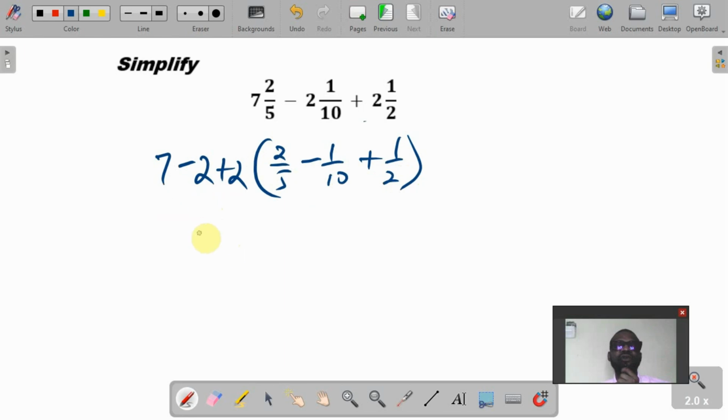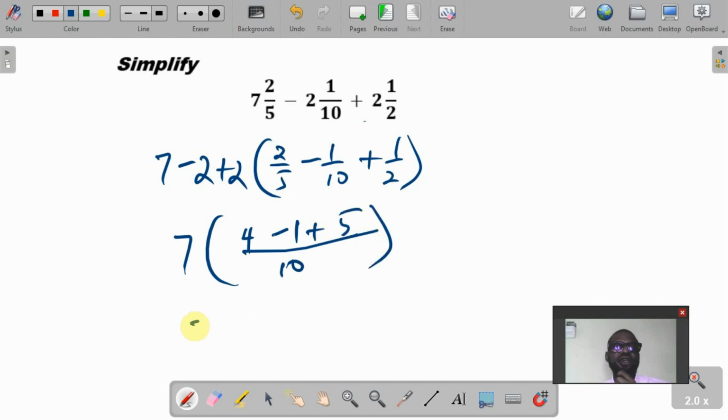So here I will have 7 whole number into LCM. Here it should be 10. 5 divide 10 is 2. 2 times 2 is 4. Minus 10 divide 10 is 1. 1 times 1 is 1. Plus 2 divide 10 is 5. 5 times 1 is 5.